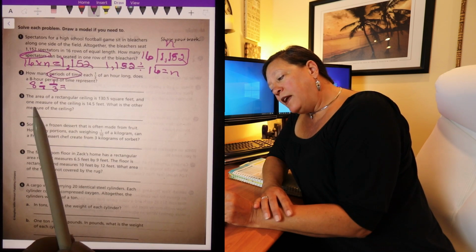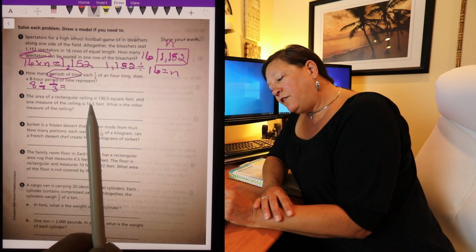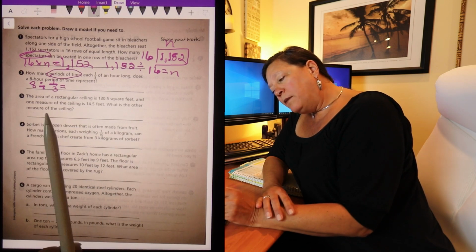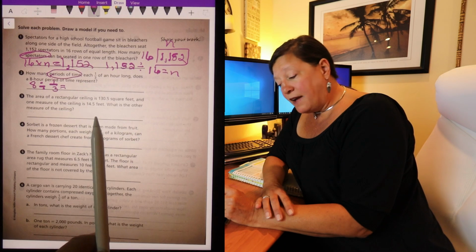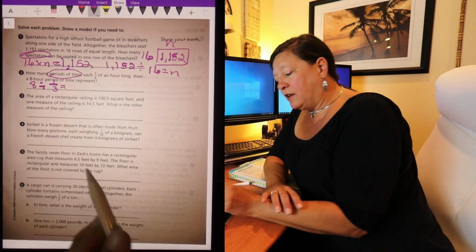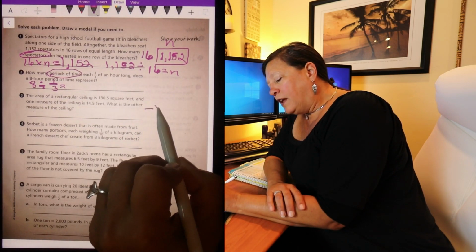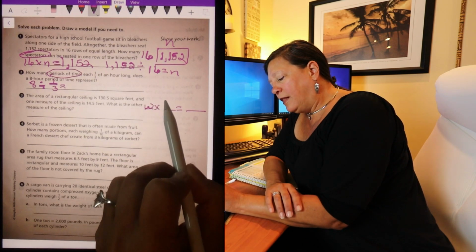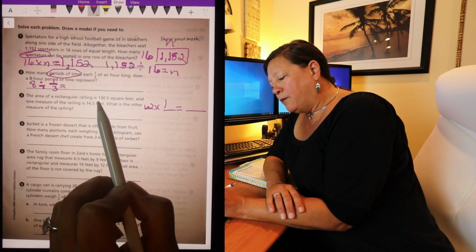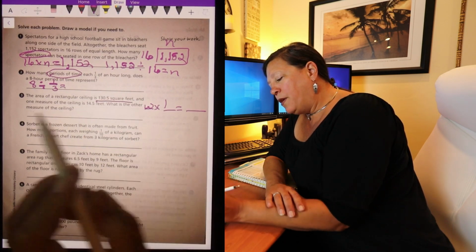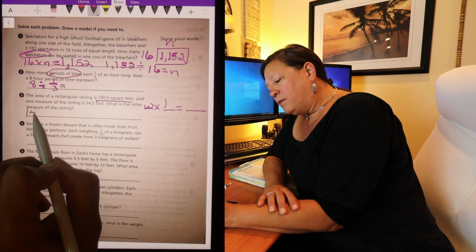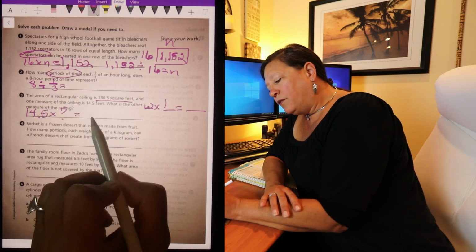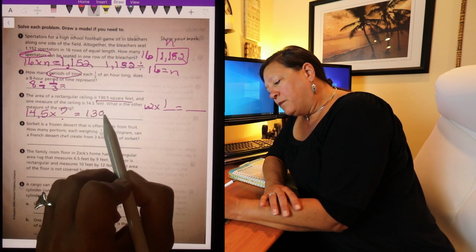Number 3, the area of a rectangular ceiling is 130.5 square feet, and one measure of the ceiling is 14.5 feet. What is the other measure of the ceiling? Okay, so we know that in an area problem, area equals width times length, and we have our area. So we know that 14.5 times something equals 130.5.